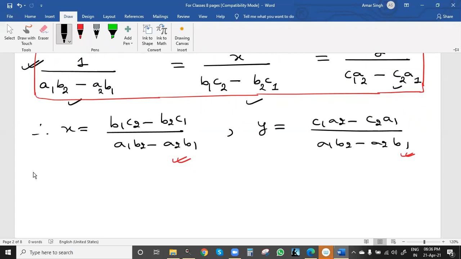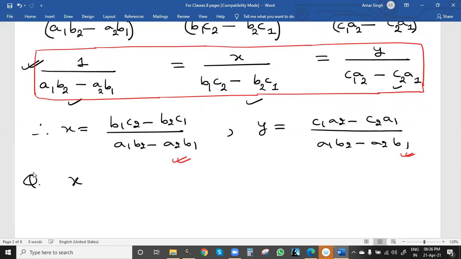So our question was x plus y equal to 2 and x minus y equal to 4. We'll first convert this into standard form.